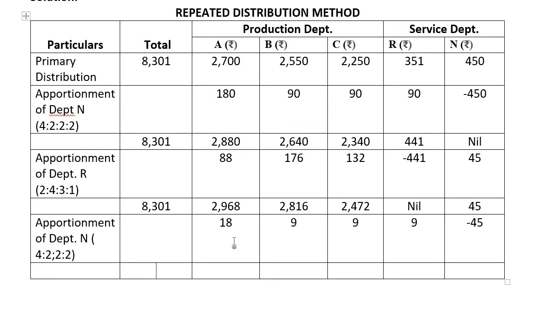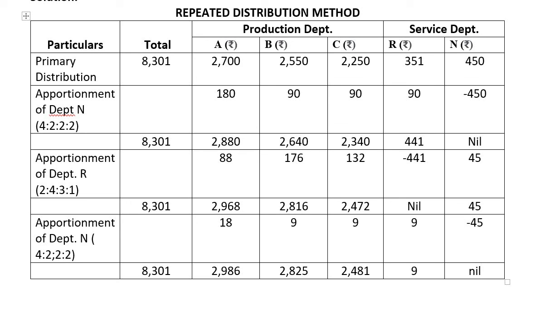Now if we total, it will be 8301. For A, the total will be 2968 plus 18, which is 2986. If we total B, it will be 2825. If we total C, it will be 2481. If we total R, it will be 9, and if we total N, it will be nil.